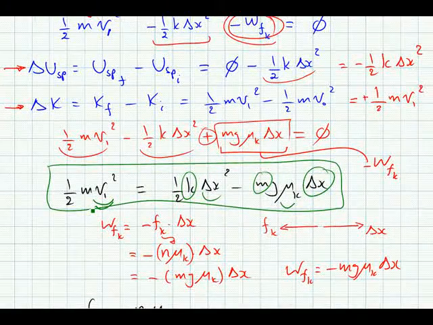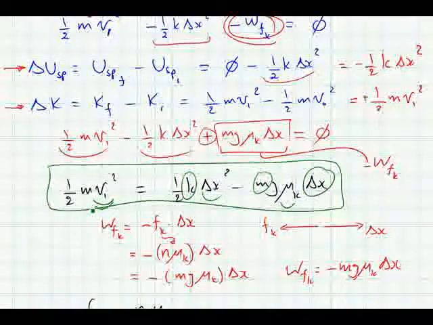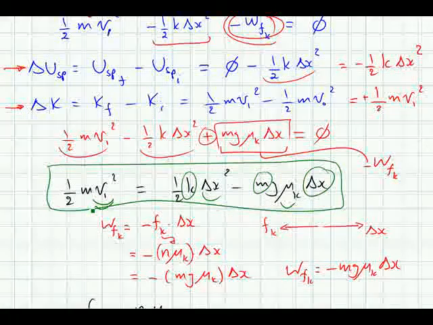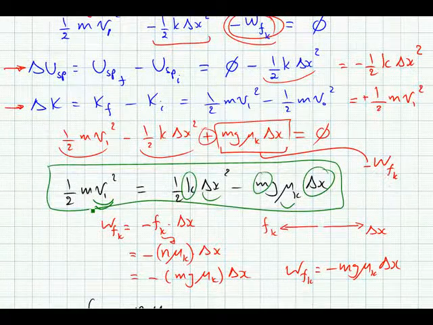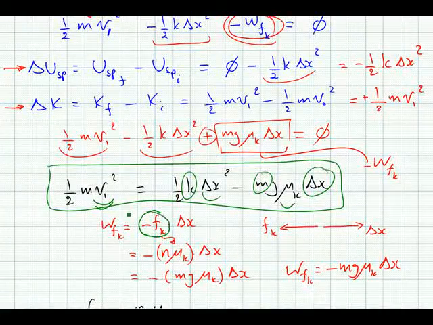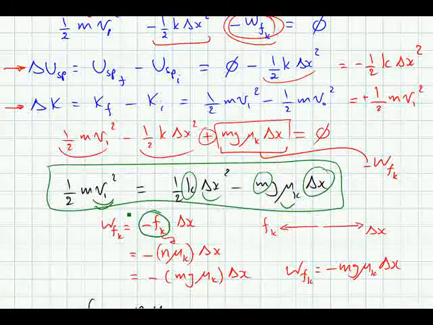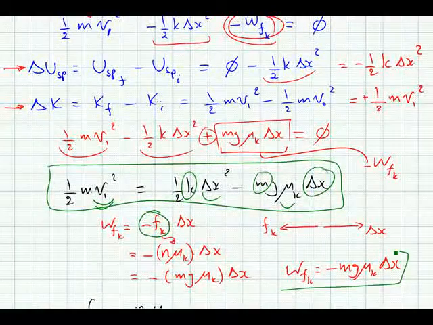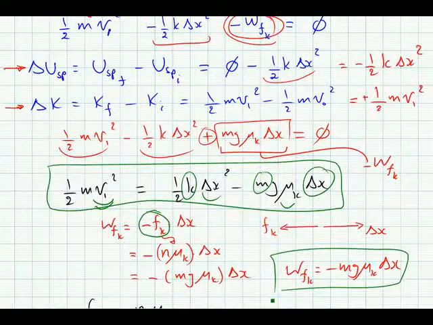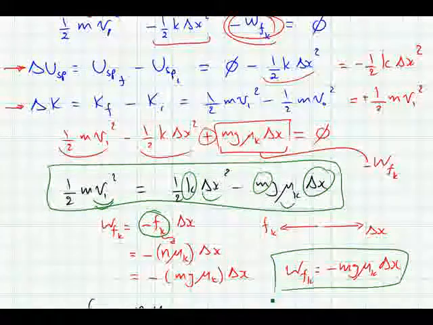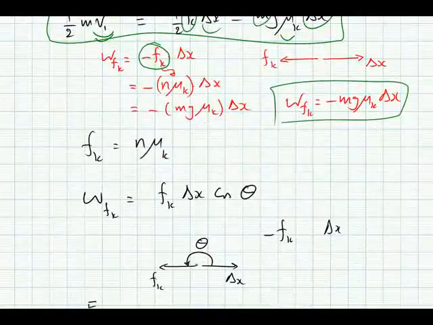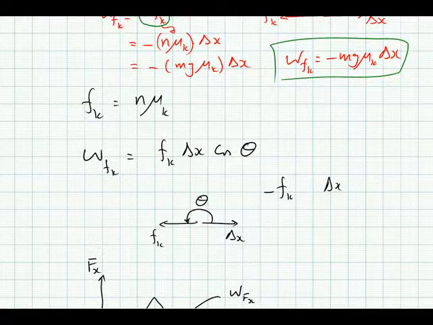So it is important to pay attention to the sign of the work done by any force that you're considering. In this case you had to be careful that the work done by friction force was negative. It's an intuitive answer anyhow, but please be careful in calculating work done.